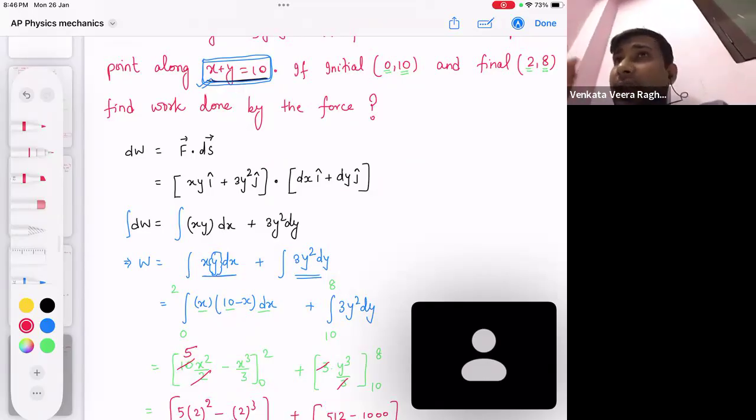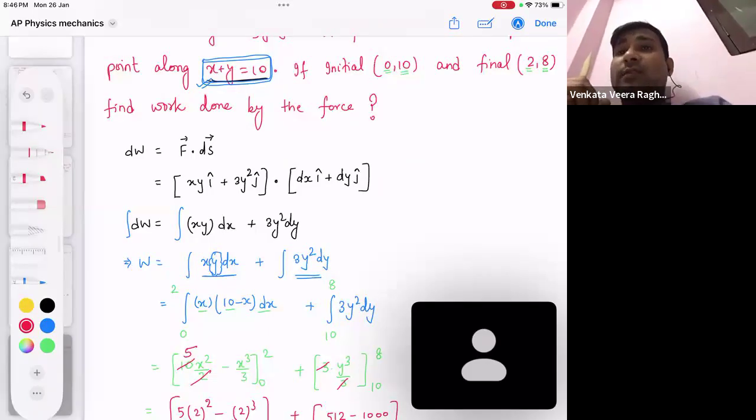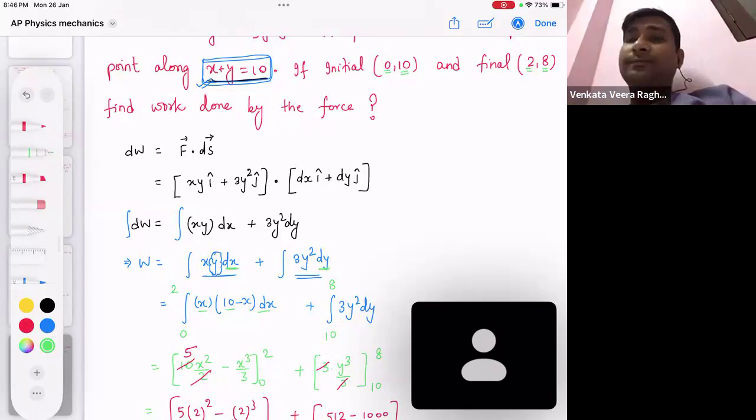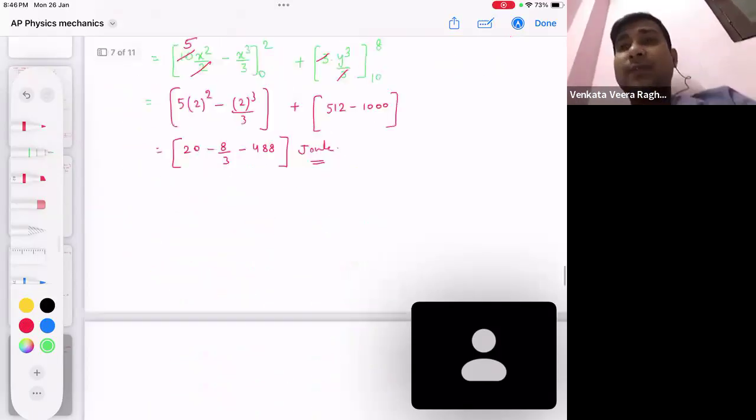And if x and y are mixed with each other, then you try to convert it into a single variable before doing the integration. So where the integration is with dx, keep everything in x. Where integration is with dy, keep everything with y. Understand? So this is what is given to us in the question.